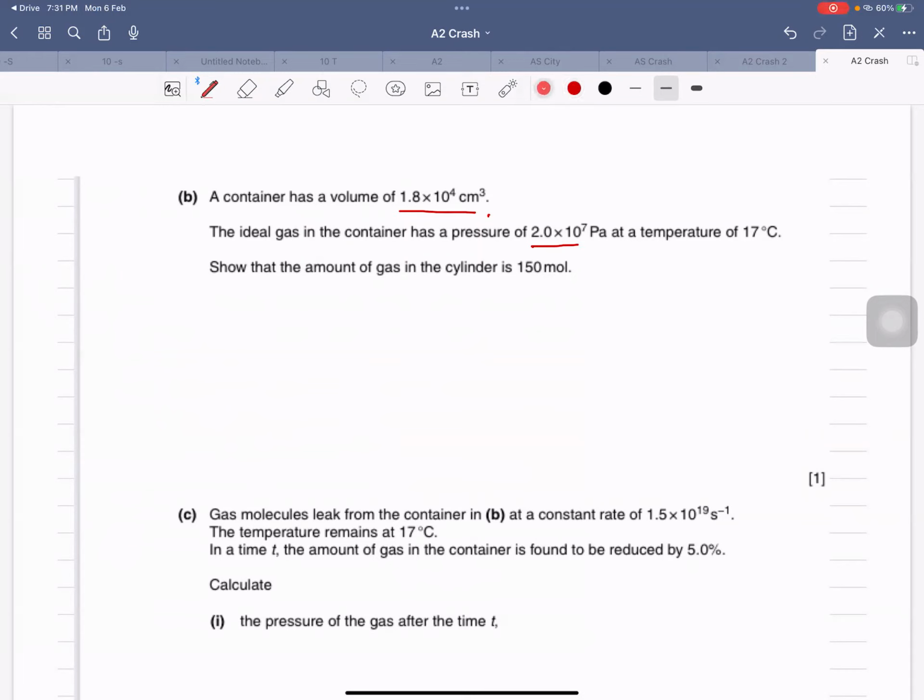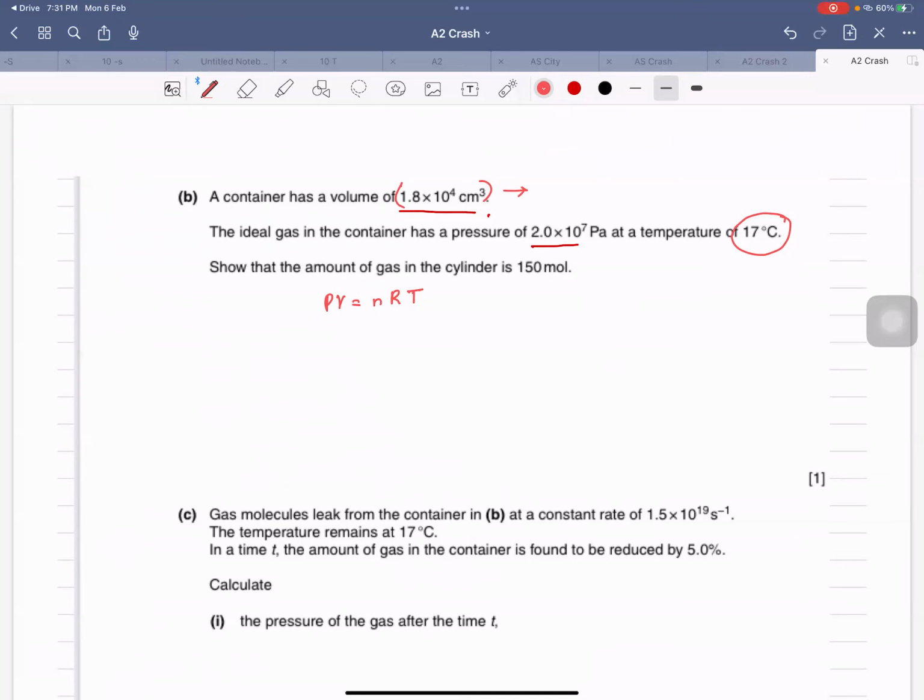So the best equation would be to use PV equals nRT. Now, the issue with this question is that a lot of things are not in SI units. Like this one isn't in SI units, and this one is in degrees Celsius. We want to convert into kelvins, right? So first of all, let's convert this. How do we convert centimeter cube into meter cube?